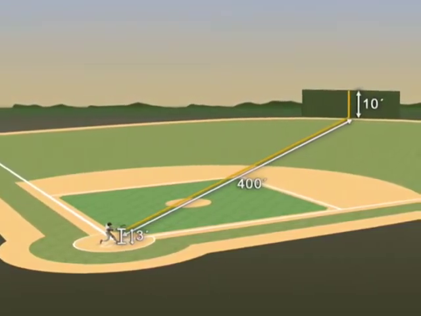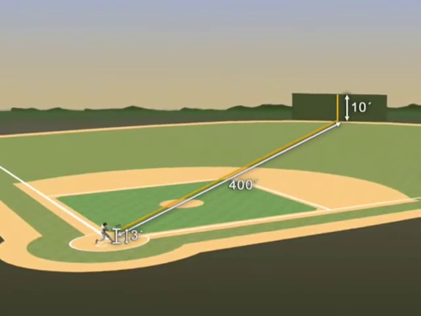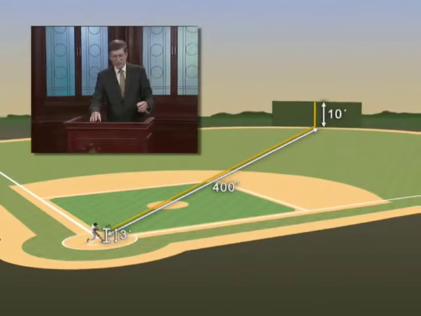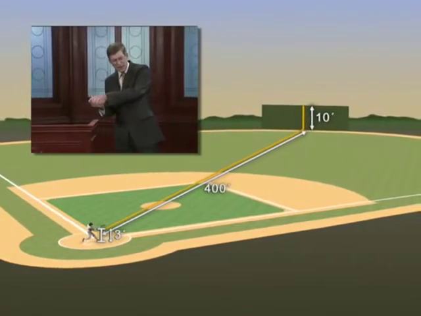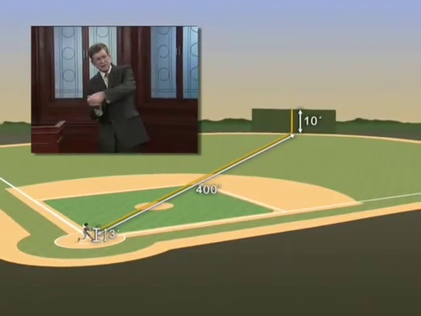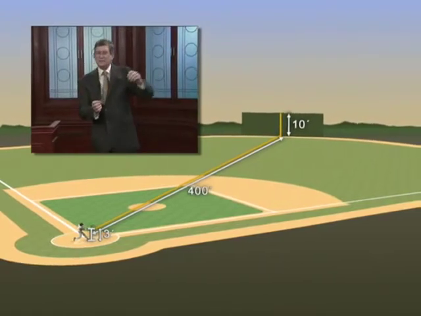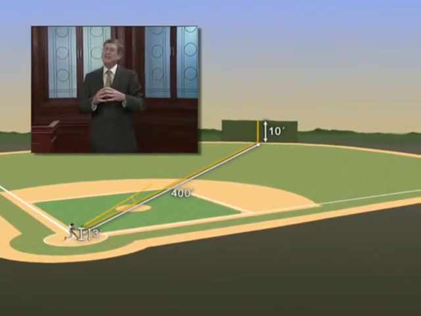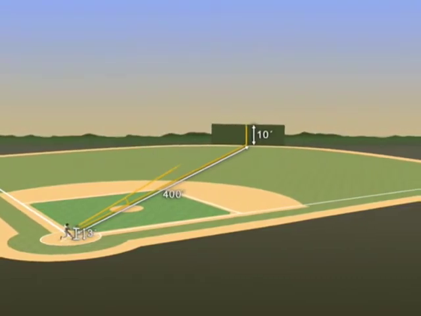I'm using units of feet and seconds, not miles per hour. So here's the question. You've swung this bat at that angle with that initial speed. Is it a home run? It goes out to center field 400 feet away. Does it get over that 10-foot fence? Let's use our formulas to find out.